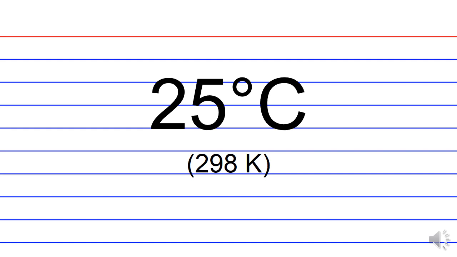So that would be 25 degrees Celsius, but in order to use it, most of the time you have to convert it to Kelvin, so also 298 Kelvin. And remember, in order to convert from degrees Celsius to Kelvin, you just add 273.